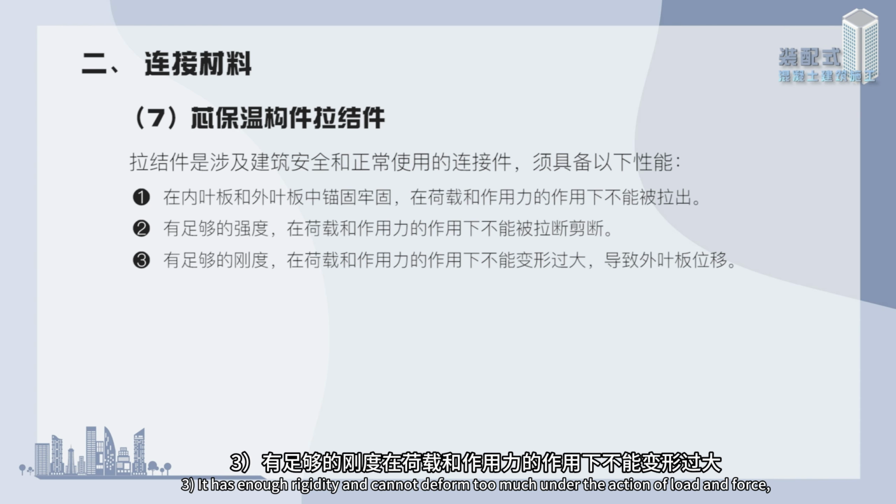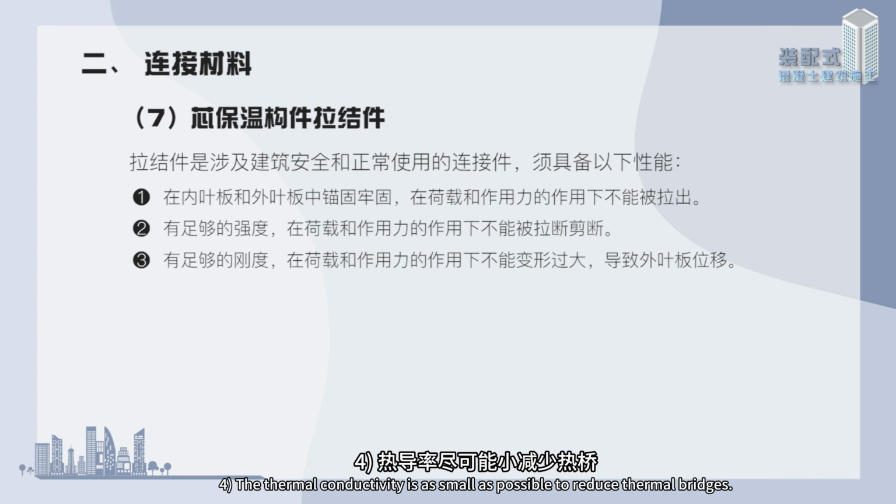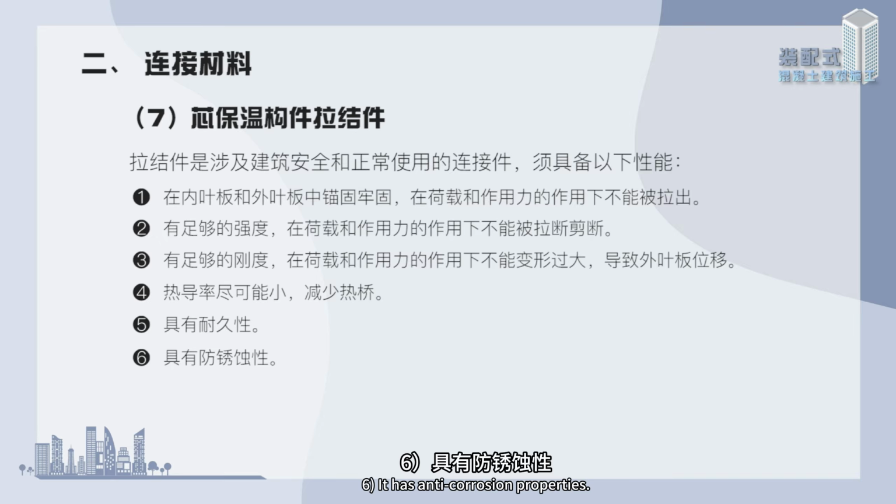It has enough rigidity and cannot deform too much under the action of load and force, resulting in displacement of the outer blade. 4. The thermal conductivity is as small as possible to reduce thermal bridges. 5. Has durability. 6. It has anti-corrosion properties. 7. It has fire resistance.